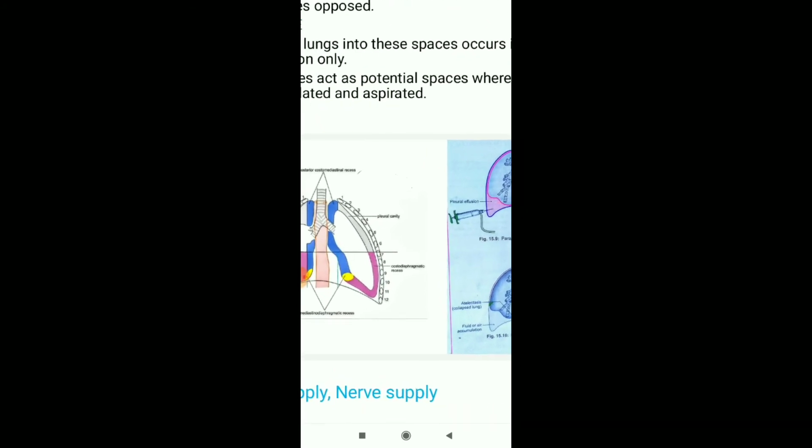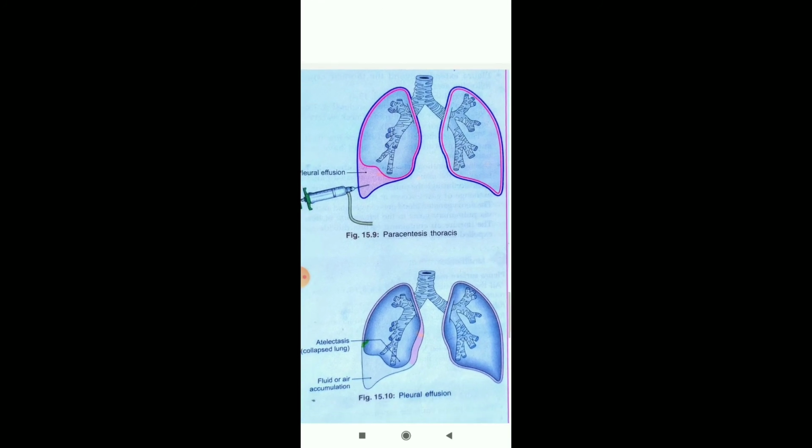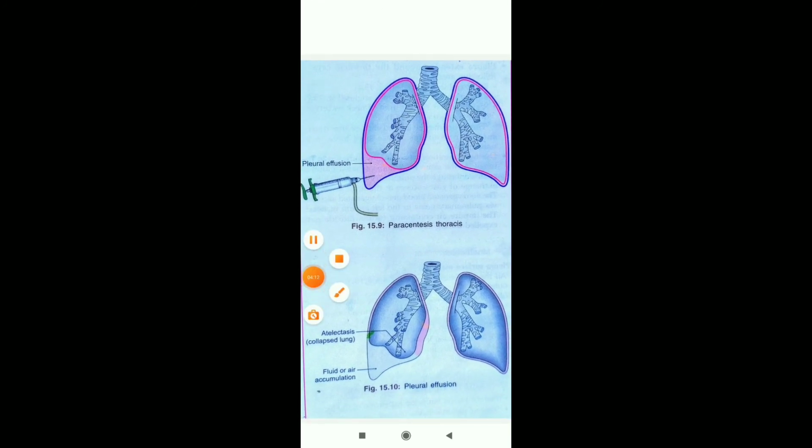Now have a look at this diagram. First, it is the paracentesis thoracis. Remember that during pleural effusion, which we are going to discuss in the next slides, fluid is accumulated in the potential spaces of the pleural cavity, mainly these recesses.